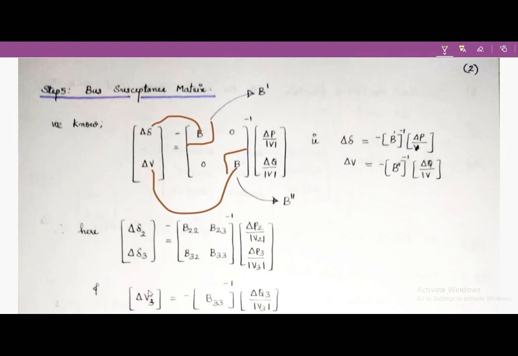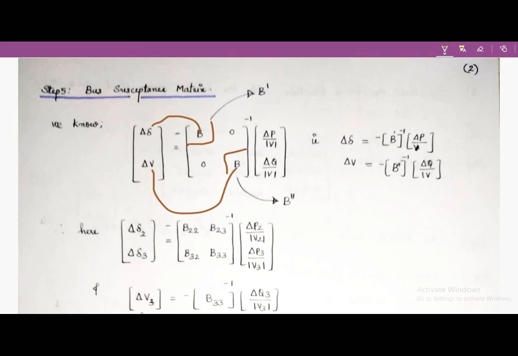Now what about the next matrix, voltage? In which all buses do we need to calculate the magnitude of the voltage? We need to calculate the magnitude of the voltage for second bus? No. In the second bus, the magnitude of the voltage is specified as 1.02 or something. We need to calculate the voltage magnitude only for third bus.